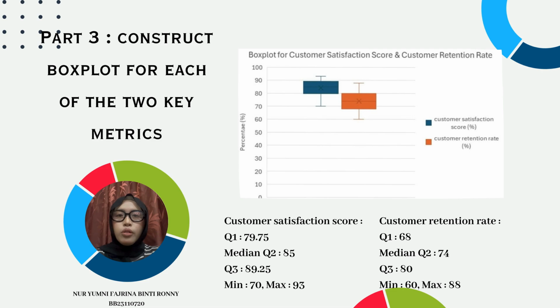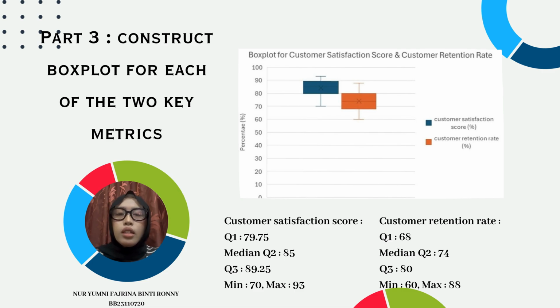I will continue with constructing the box plot for each of the two key metrics. The blue one is for customer satisfaction rate and the orange one is for customer retention rate. For customer satisfaction rate, the minimum is 70 and the maximum is 93.